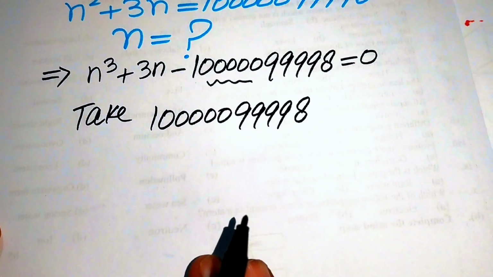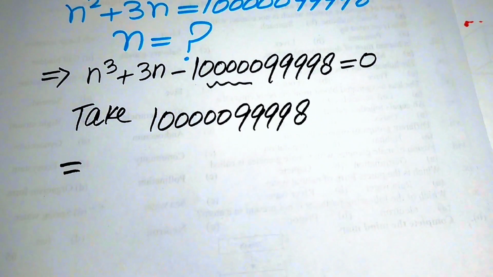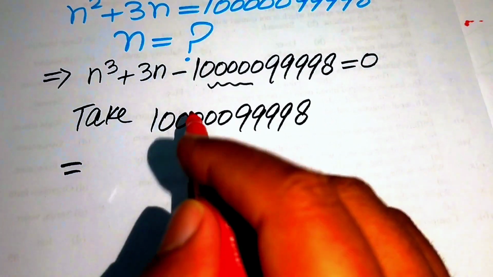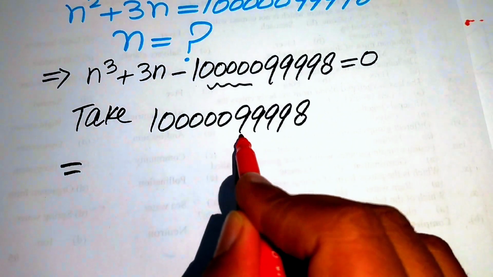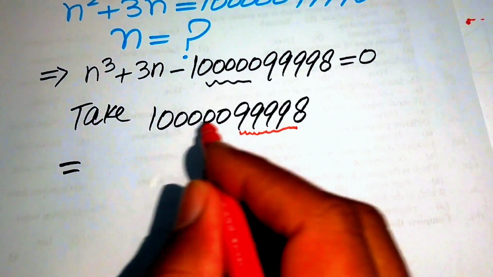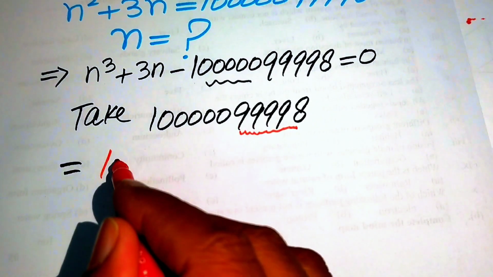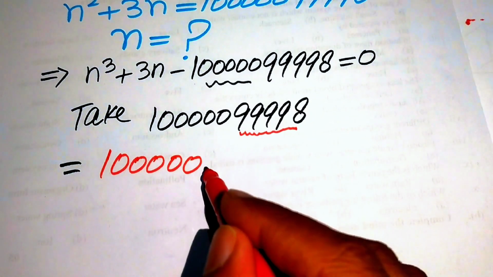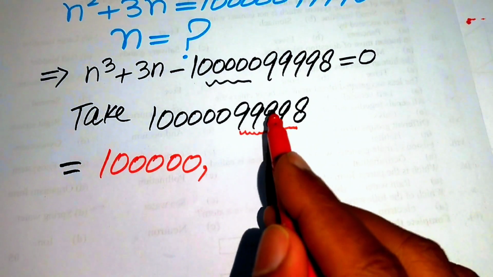First we break this number into different parts, so we just separate this digit. We write this whole number as 1 into 0 0 0 0 into 0, and here you have 1 2 3 4 5.